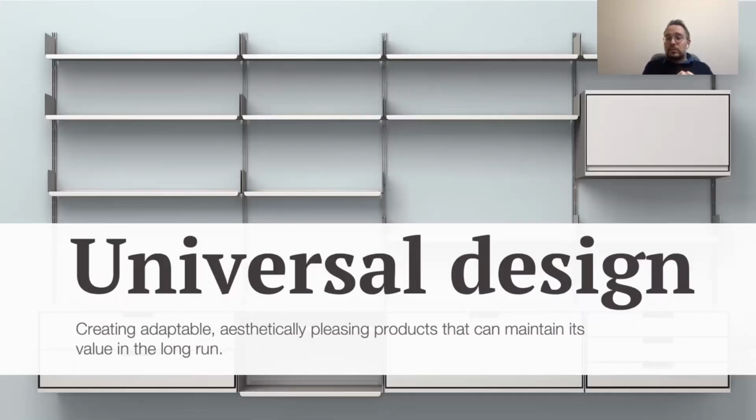The other technique that you can use is universal design. Universal design is basically creating adaptable, aesthetically pleasing products that can maintain their value in the long run. The product that you see in the background image is a shelving system designed by Dieter Rams, the German designer, in the 60s. The company has been selling the same exact piece since the 60s.